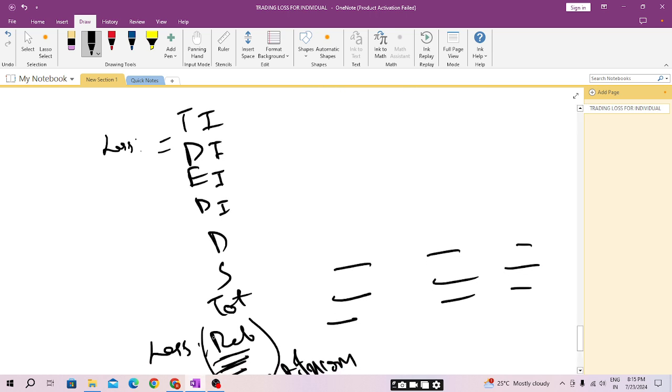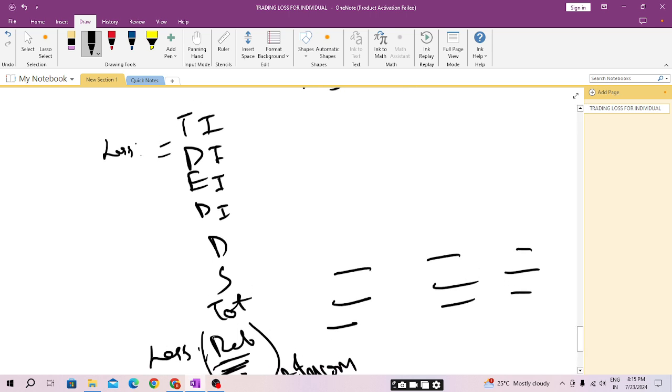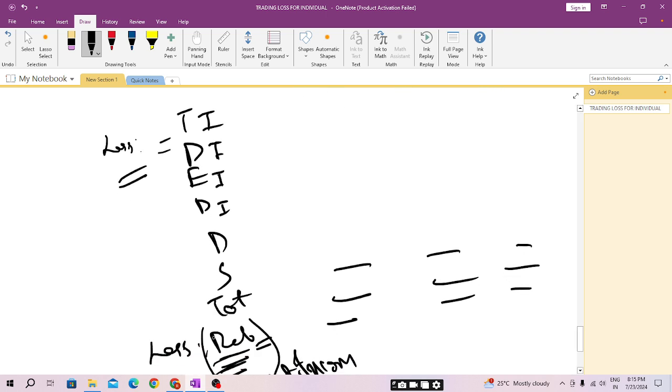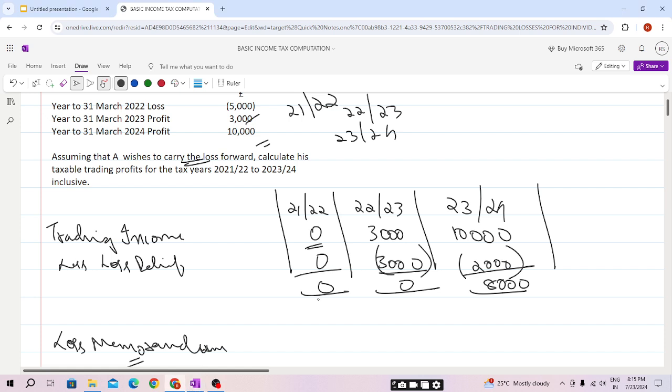The loss relief is claimed after the total income, but here also we will claim the loss relief, that is the carry forward loss relief. For the other loss relief, it will be mentioned here. These are the two important areas, here and here. So this will give rise to our total trading taxable income.